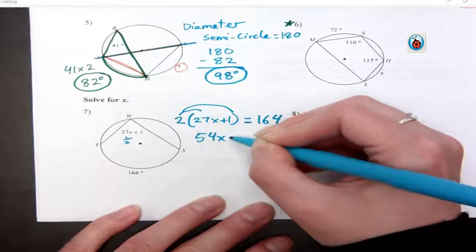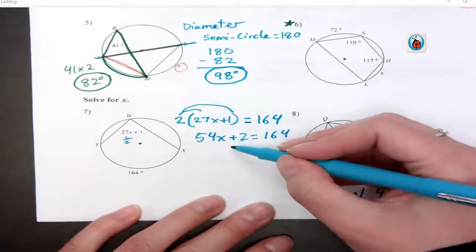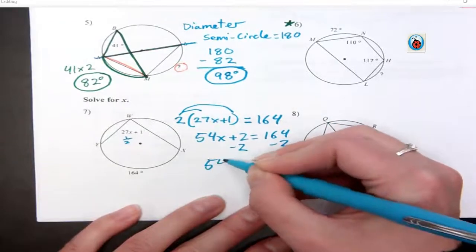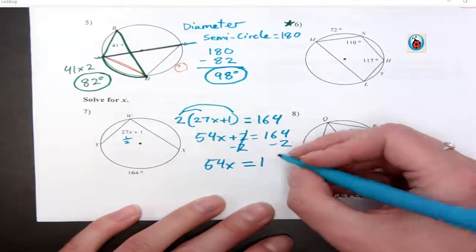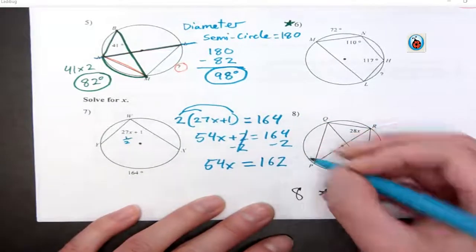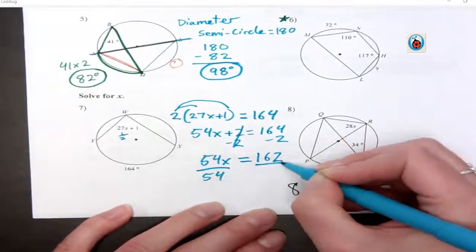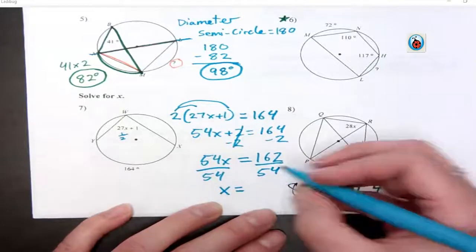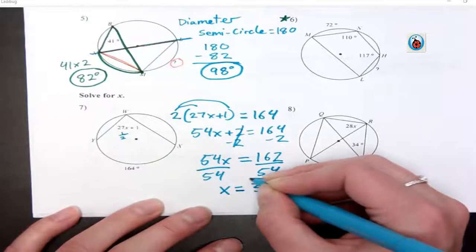We get 54x plus 2 equals 164. Then I subtract 2 to get 54x equals 162. And then last step is divide to get x equals 3.